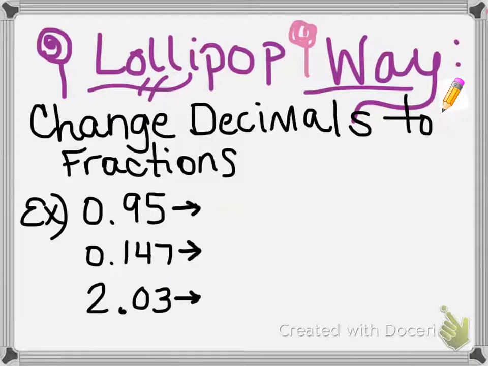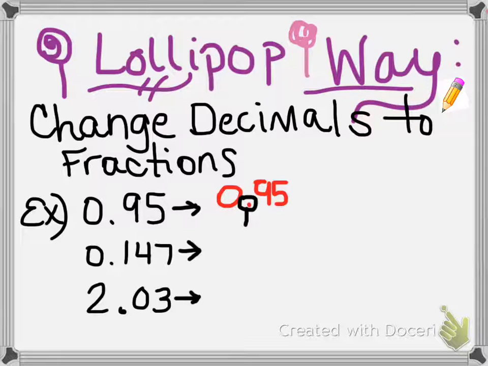So what we're going to do is you are going to copy. Alright, now I'm going to change colors. You need to put a circle around the decimal point and you need to draw a lollipop stick. So now it looks like a lollipop. Okay, we talk about putting gumdrops under the rest of the numbers.